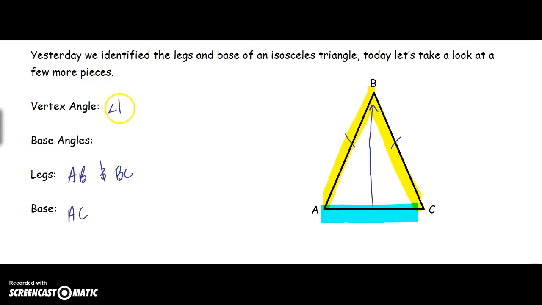The base angles are the two angles that are across from your congruent sides. And what's nice about these two angles, angle A and angle C, is that they are also congruent. Because those two sides are congruent, those two base angles are congruent.